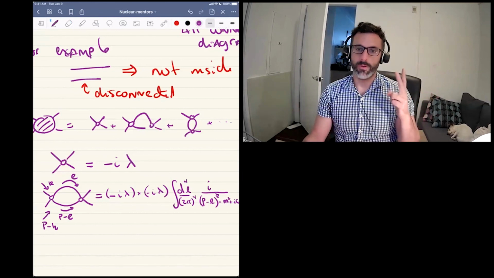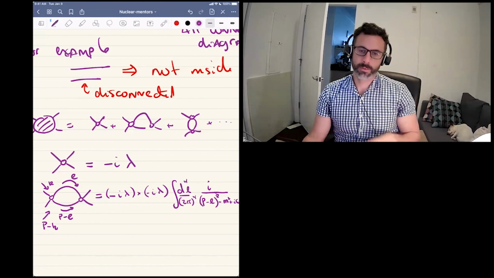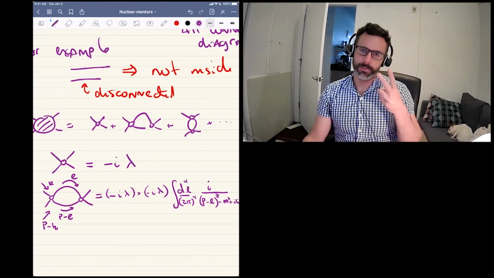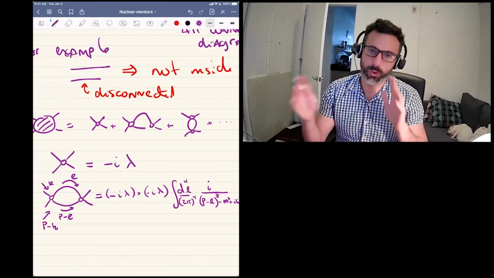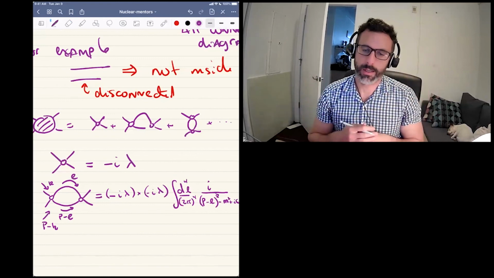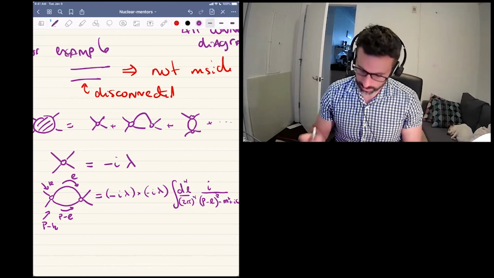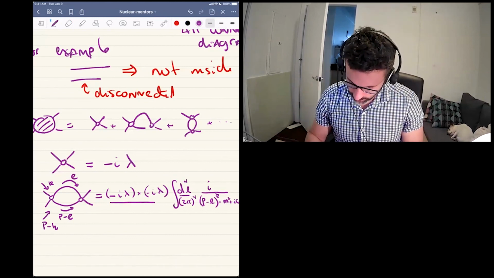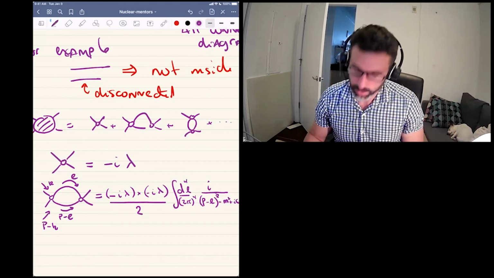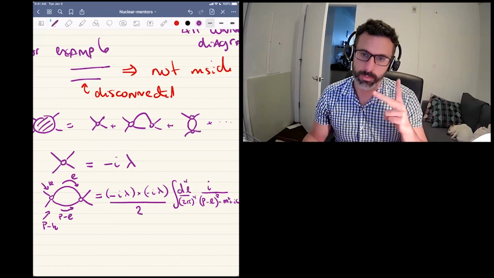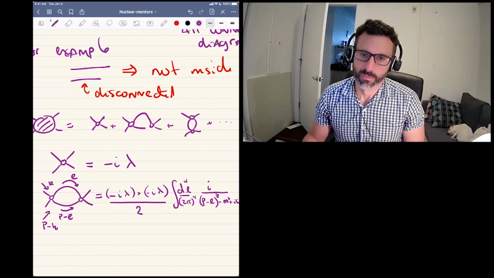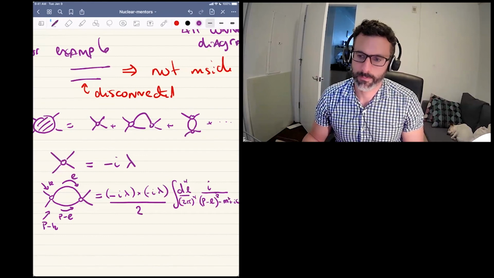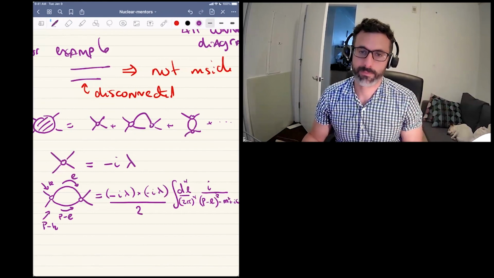So I can permute between those two. So I have two contributions that lead to the same diagram, the first one and then the second one that I drew. And so I have a factor of 2 in there. I have two permutations. And that's the contribution to this thing.